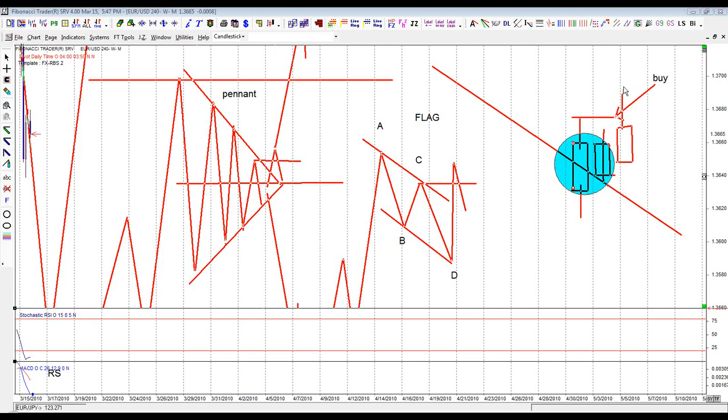If I'm at major resistance and we see a pennant forming at the major resistance, that means that we were already in a bull trend. If I see a bullish breakout, I would enter.